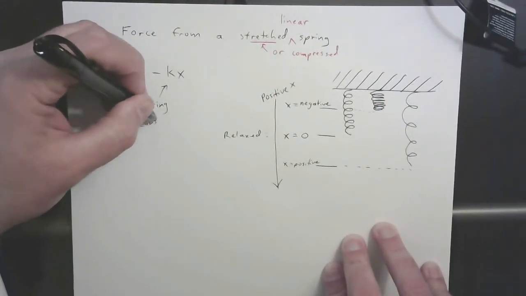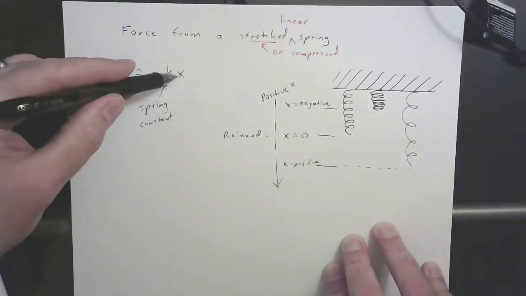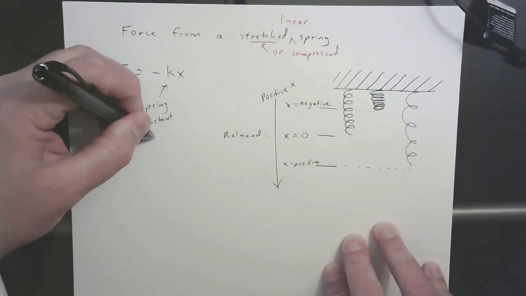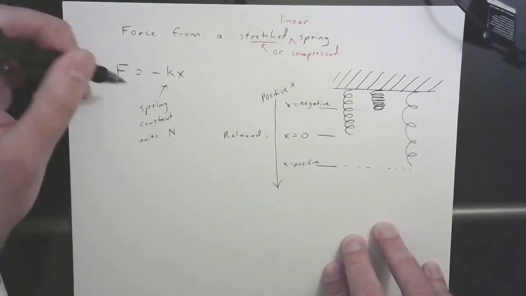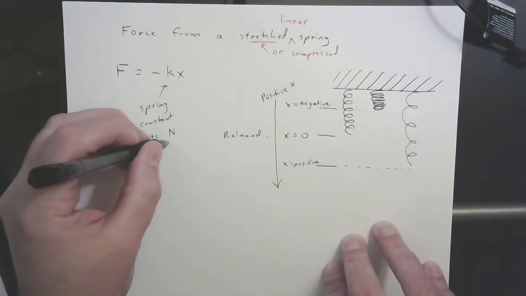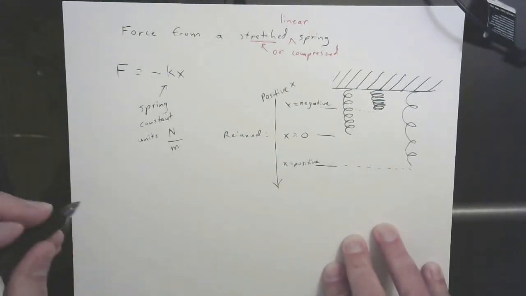And what's it going to be? Its units, probably. You're multiplying by a distance, and it has to come out in a force unit, so it's going to be newtons per meter.